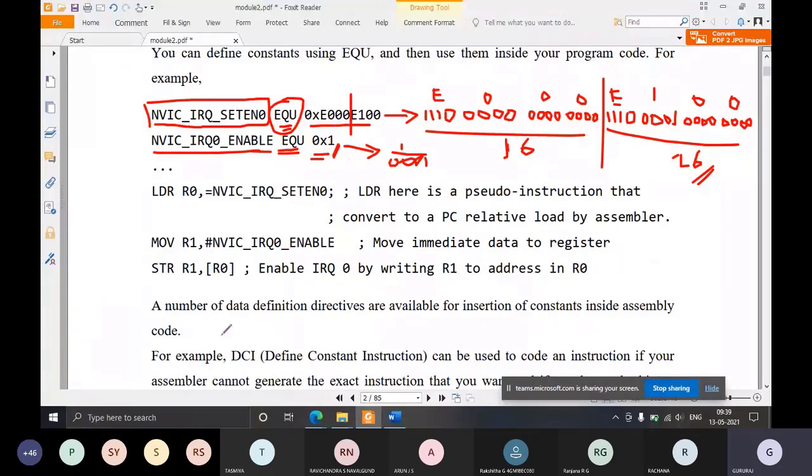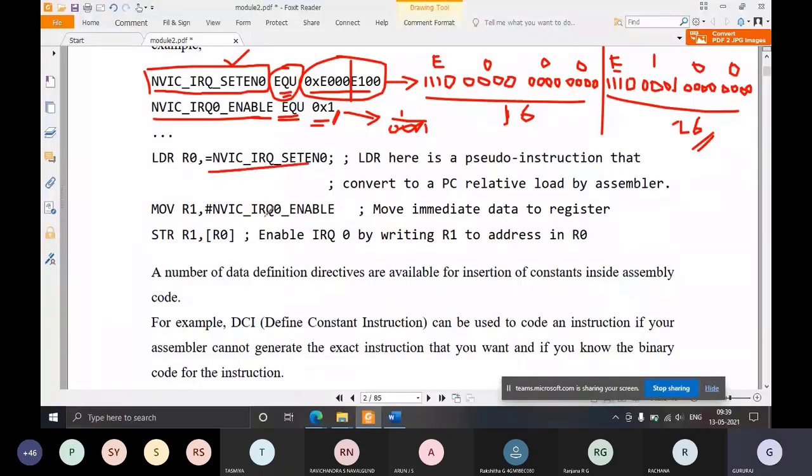So next in the program, whenever you use this variable NVIC_IRQ_SETEN0 anywhere in this particular program, that means you are indirectly referring to this value E000E100. And whenever you use the variable IRQ0_enable, that means you are referring to this value 0x1.